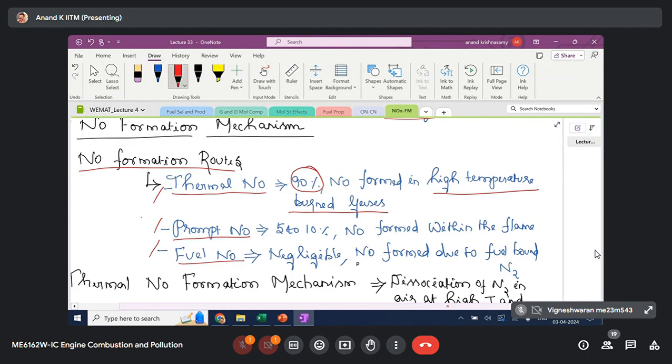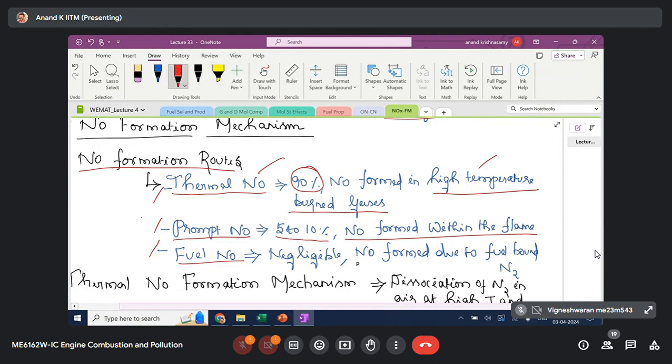Prompt NO contribution is around 5 to 10%, around 10% at the most. This is the NO formed within the flame front. Within the flame, some concentration of NO is formed. So thermal NO I refer to as NO formed in the high temperature burned gases. That is the region where thermal NO is formed.